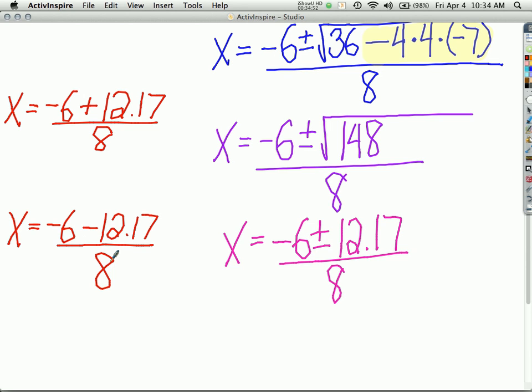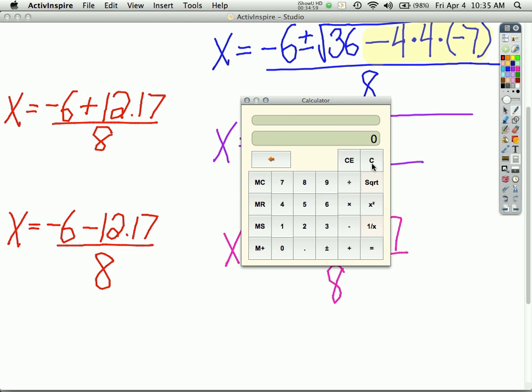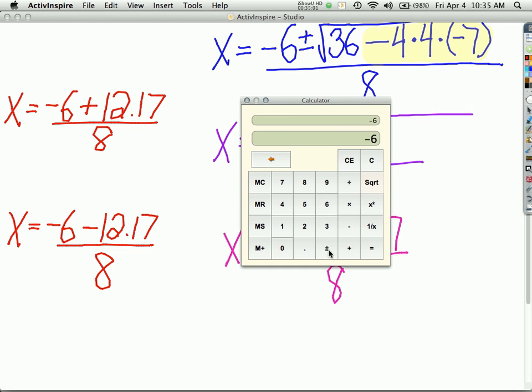So that's just a calculator issue. You just punch it all into your calculator. 6, turn it negative, plus 12.17 equals, divided by 8. What do you get for the first solution? That's not an option, so you have to solve that issue.